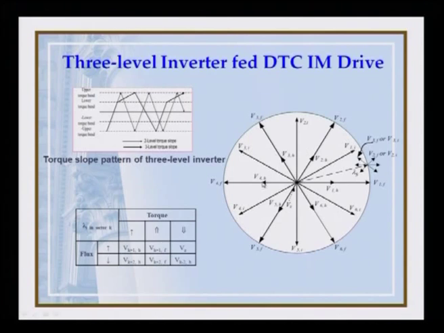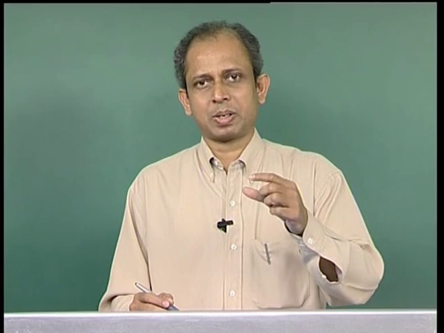So, we have basically 6 sectors here, and since we have a 3 level inverter, the torque band is divided into 4 zones.